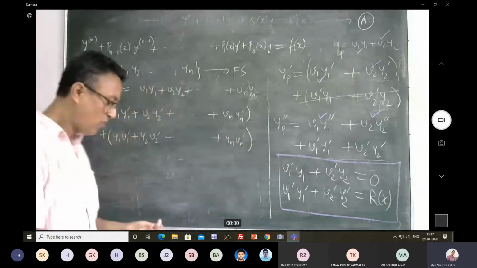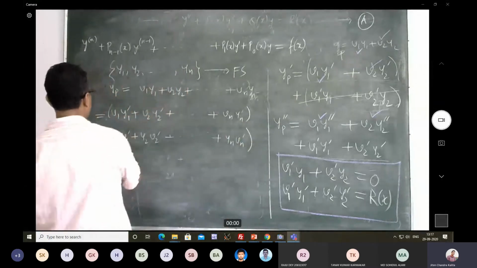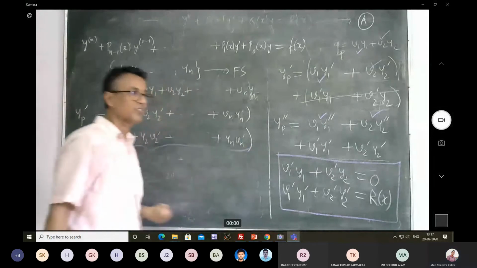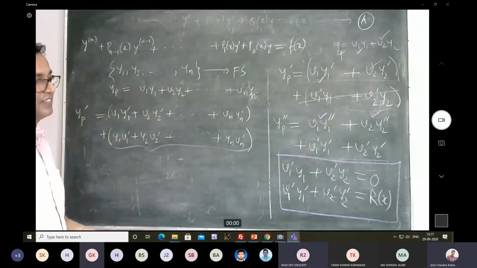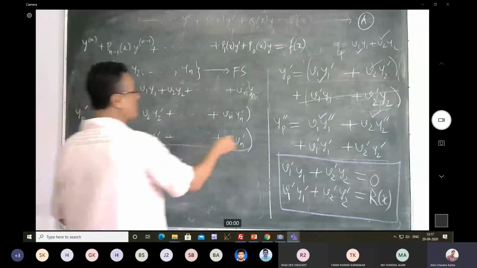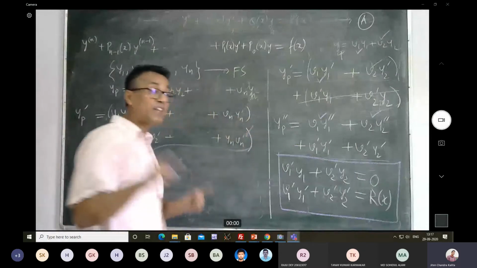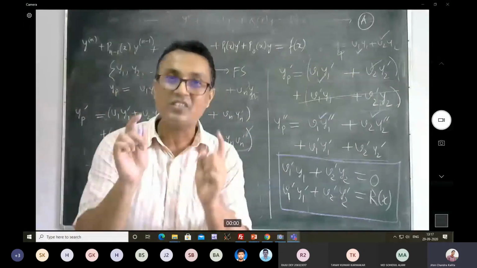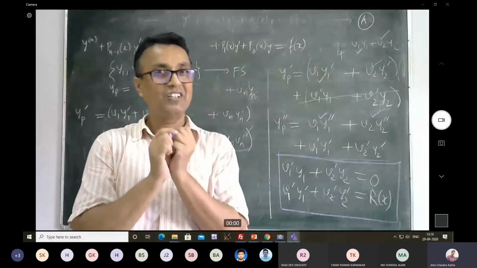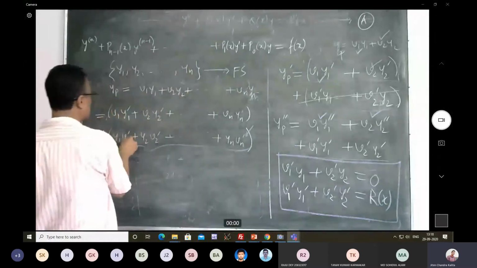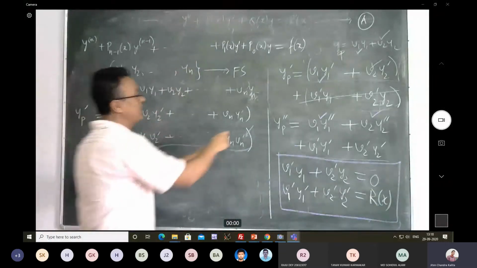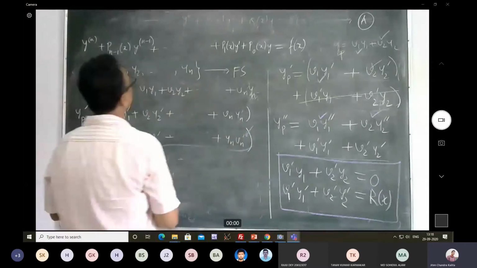Fine. As before, what we are going to do? We are going to discard this part. Is it okay? Yes, sir. We are going to assume that this is equal to 0. So that is going to give me the very first equation for the system of n equations in the unknowns v1 prime, v2 prime, up to vn prime. Okay, fine.